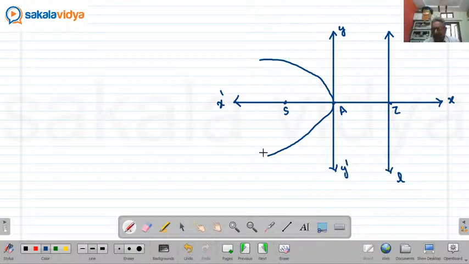This is called left-handed parabola. Wonderful. Absolutely correct. This is called LH parabola.